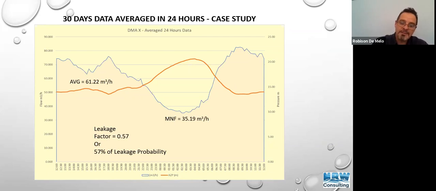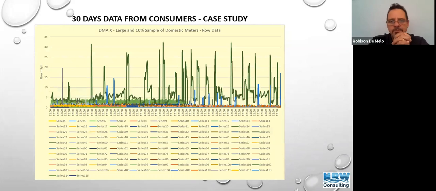There is a mixed consumption, okay? So now, in the same period, we identified the large consumers in the area, and also a 10% sample of the domestic meters.